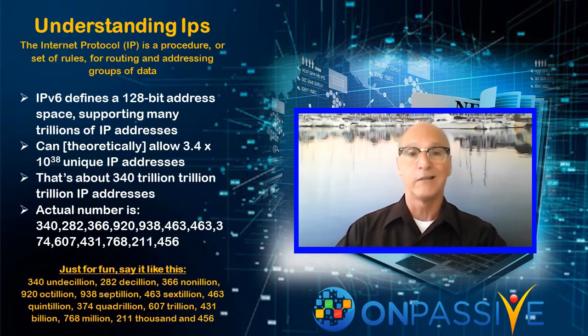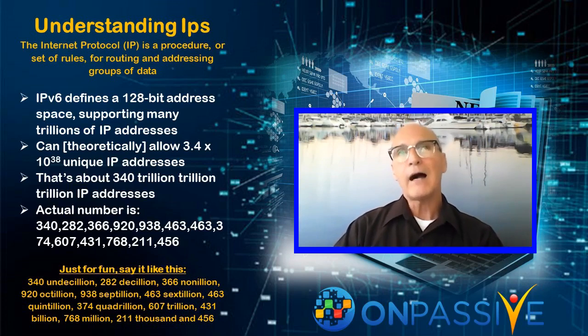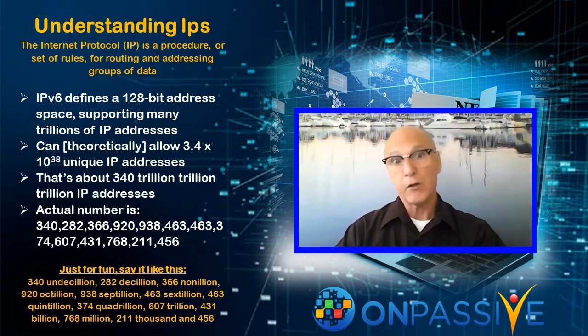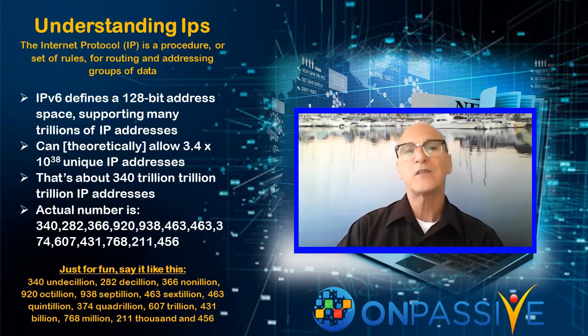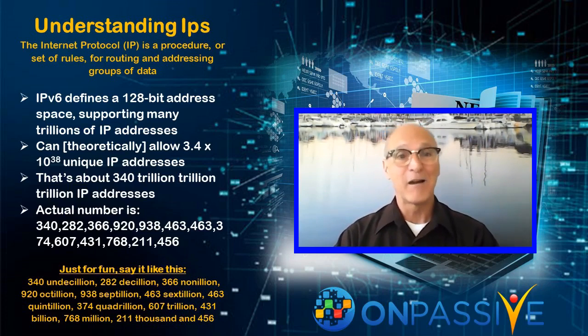It's a big number. To get to the real gist of this number, I went and looked at redhat.com. IPv6 can, theoretically, allow 3.4 times 10 to the 38th power unique IP addresses. Yeah, that's a big number, right?